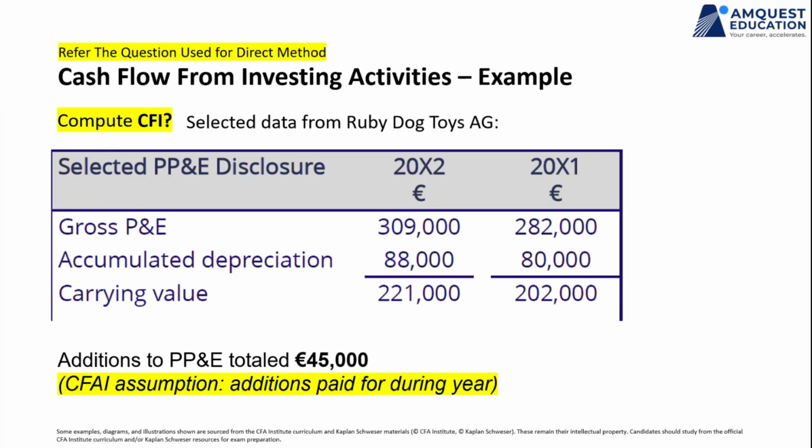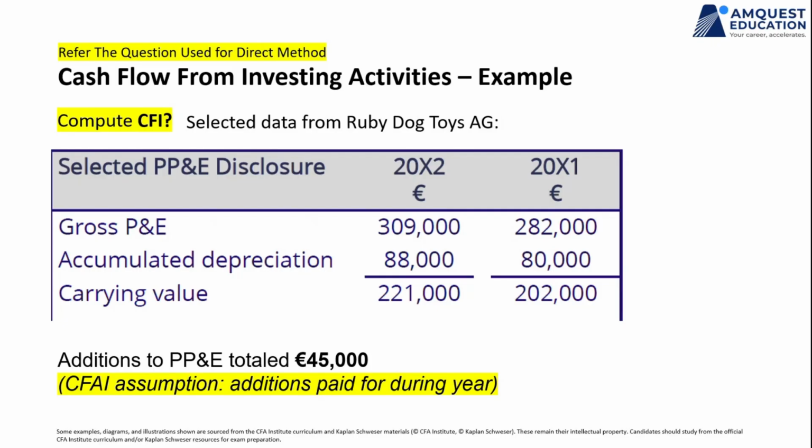Example, now we have some data for the same company which we did, and we need to understand what is the cash flow from investing activity. First, look at what your gross block is doing.